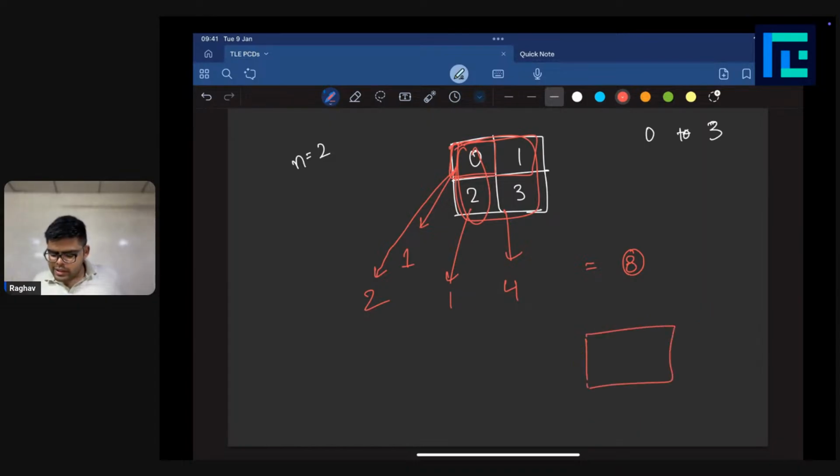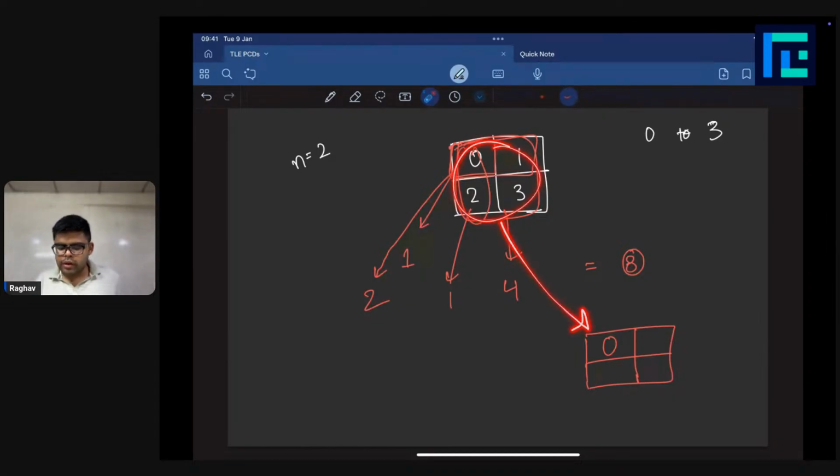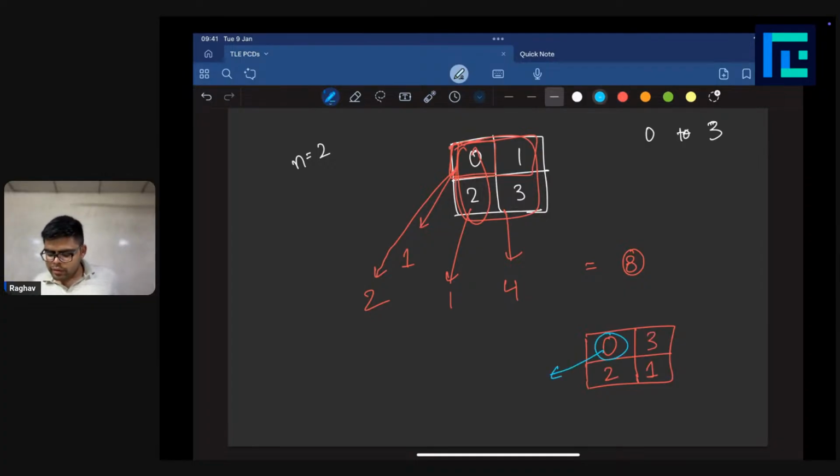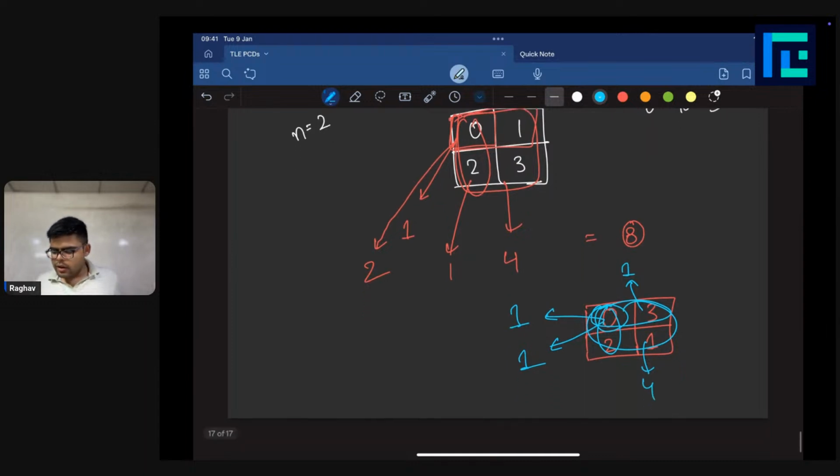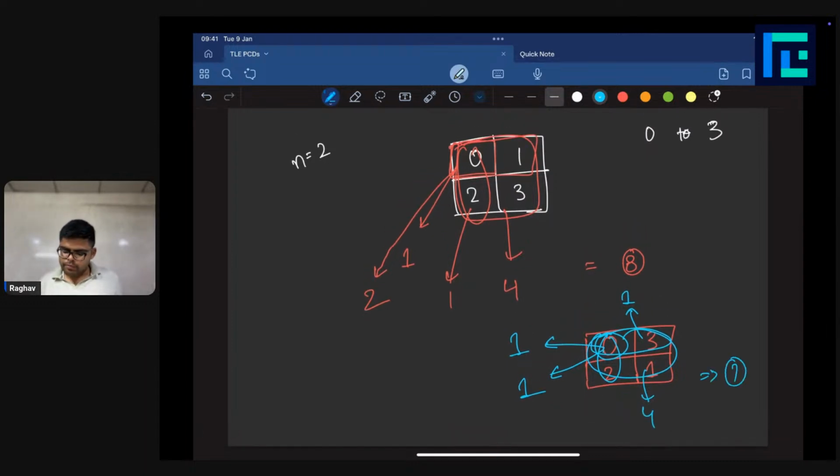But still, let's take out another case. Another way in which you could have filled it would have been something like 0, 1, 2, 3. So here the MEX would have been 1 for this subgrid, 1 for this subgrid, 1 for this subgrid, and 4 for this subgrid. So the sum will come out to be 7.